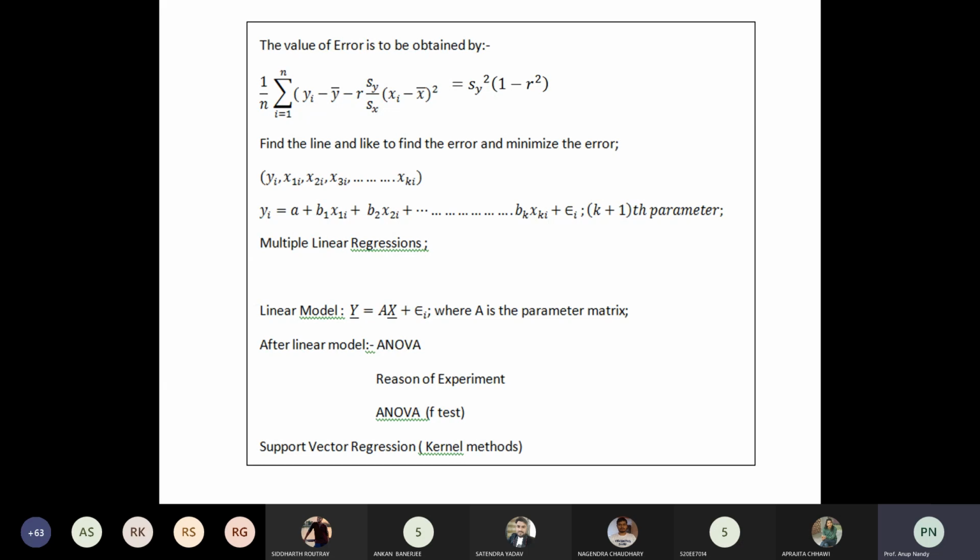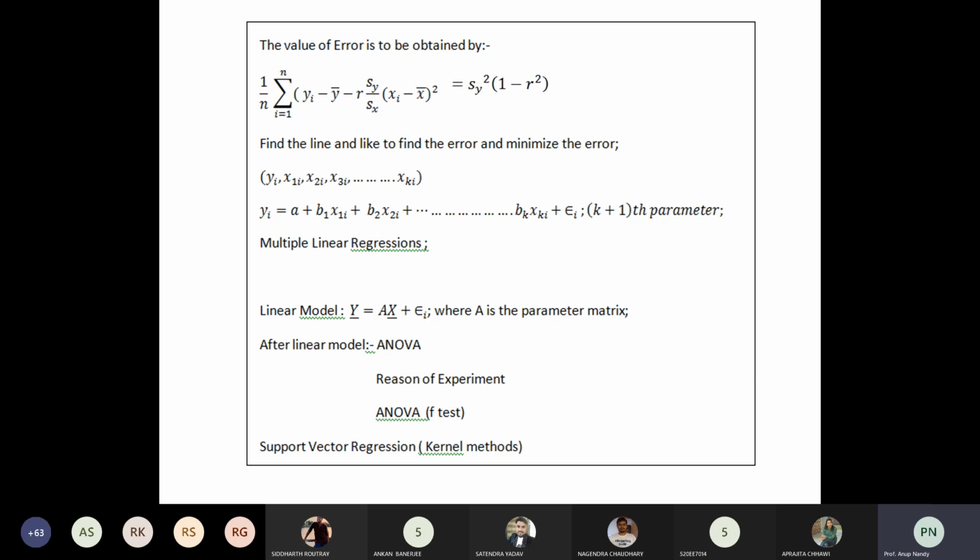Okay, Y is equal to XB plus E, where capital Y can be considered as the dependent variable, capital X is the independent variable, and you have this capital B. Capital Y will be an n cross 1 column matrix which stores the dependent variable.